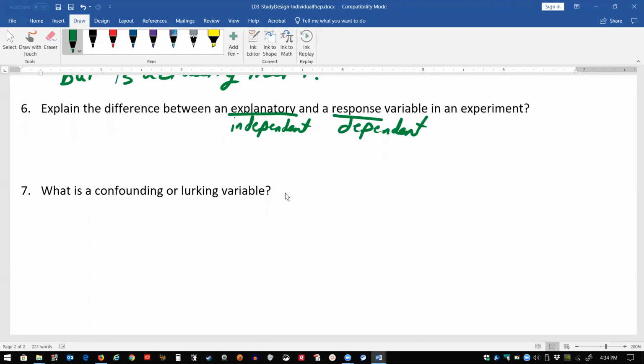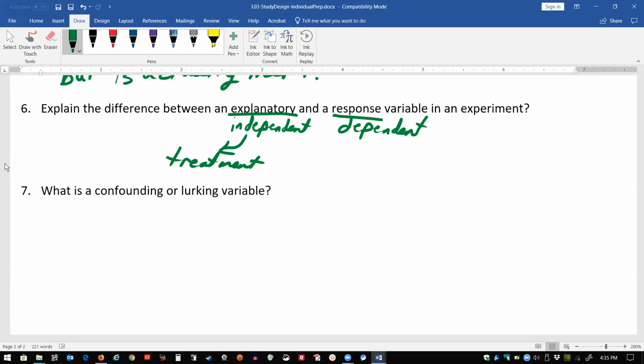Okay, so the explanatory variable in an experiment is typically the treatment. Right? That's what is going to explain the results. Your response variable is whatever you're using to gauge change, to gain success or failure.